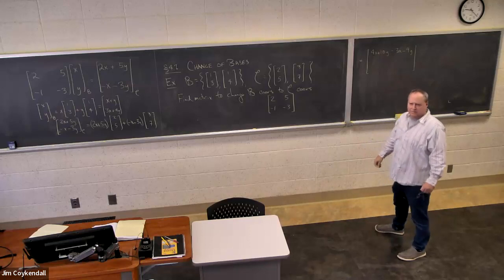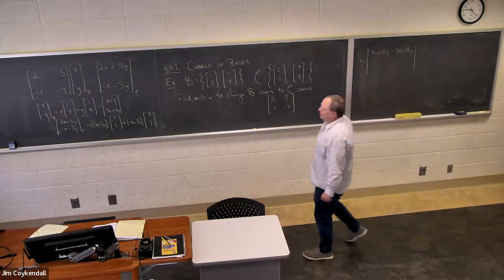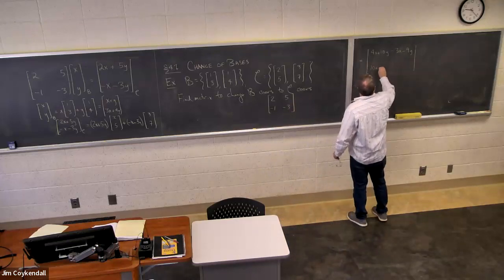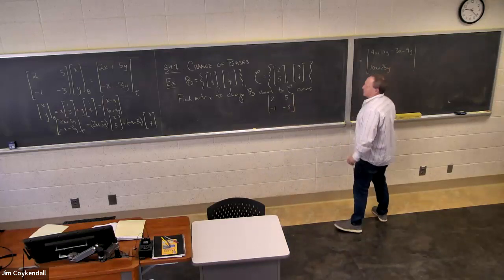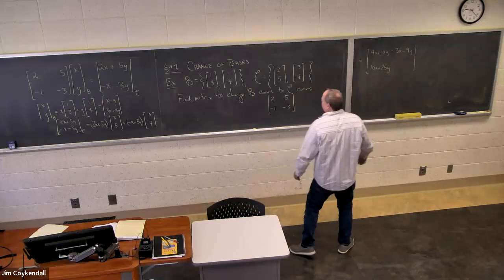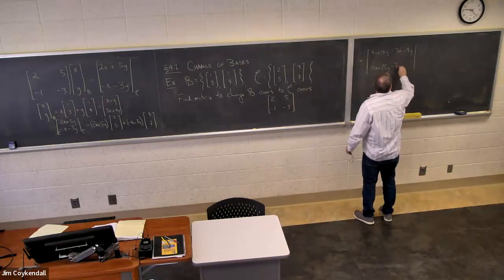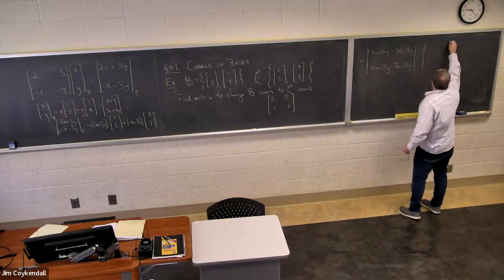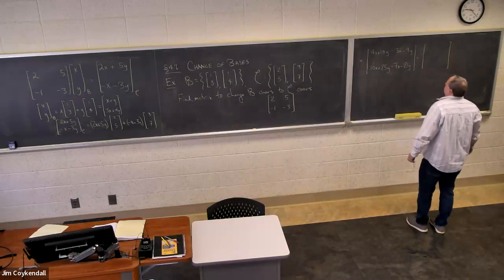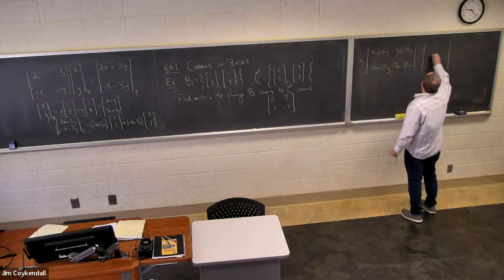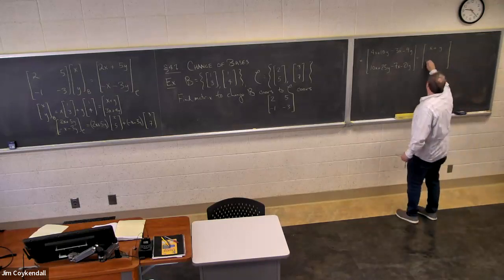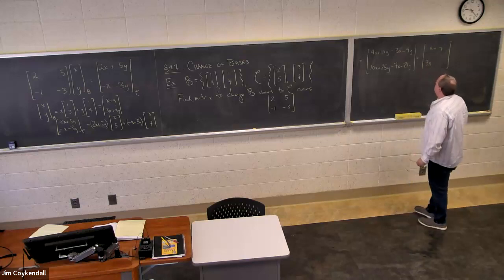Everybody agree with that so far? Let's check the bottom coordinate. That should be 10X plus 25Y, and then 7 times this is minus 7X, minus 21Y. So what does this come up to? This is X plus Y, and this is 3X plus 4Y.